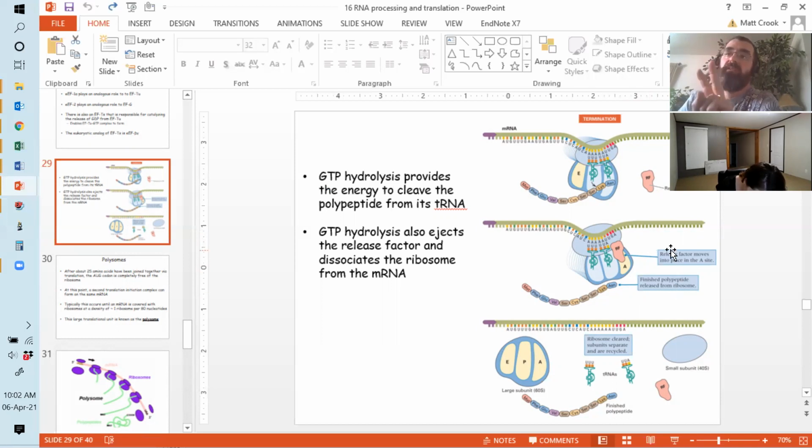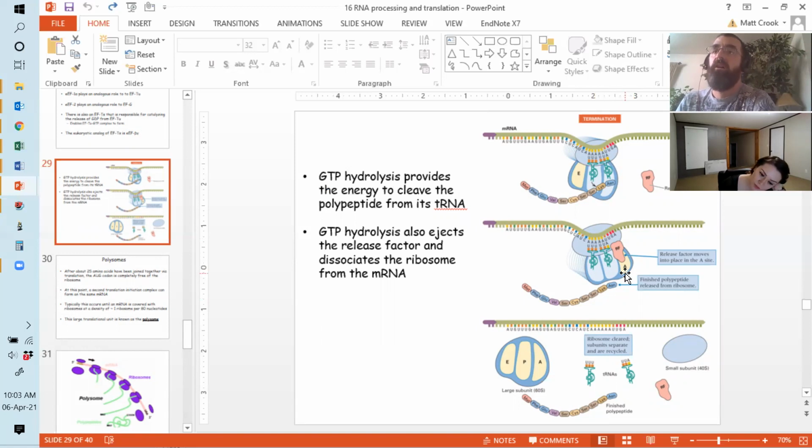But then we have two things that have to happen. One, we've got to get this polypeptide chain off of the tRNA in the P site. So if you remember the peptidyltransferase, its job is to cut it off and put it onto a tRNA in the A site. Well, there's no tRNA there. So when this gets cleaved or released, it just floats away, right?